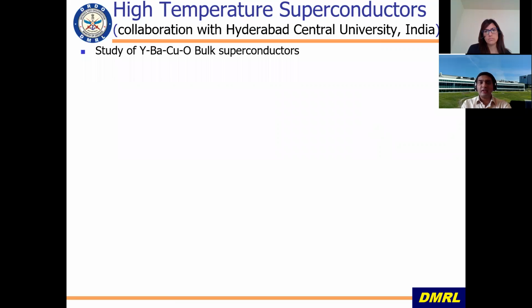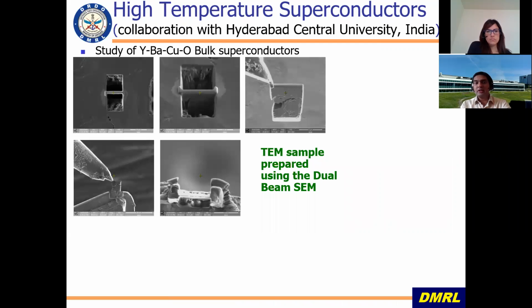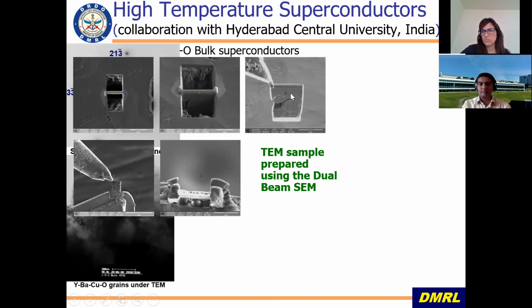Coming on to another example where the dual beam can be used, when we are trying to look at some very brittle samples. This is one example of a very brittle sample, where I was trying to look at the high temperature superconductor. As we can see here, it simply cracks even while we want to prepare a thin lamella.